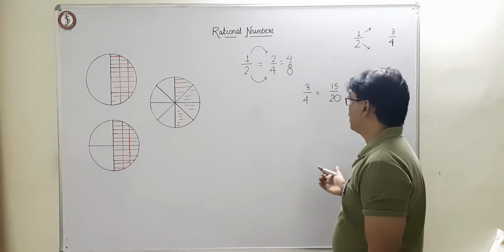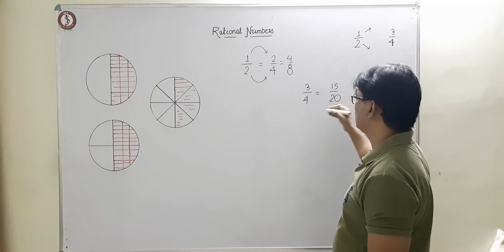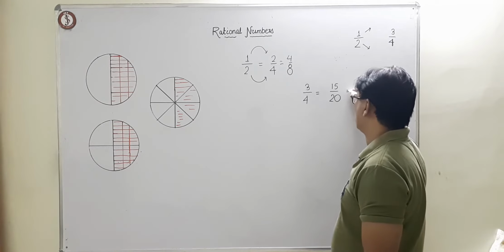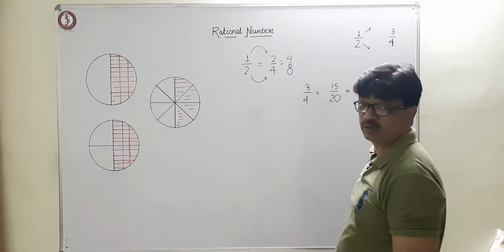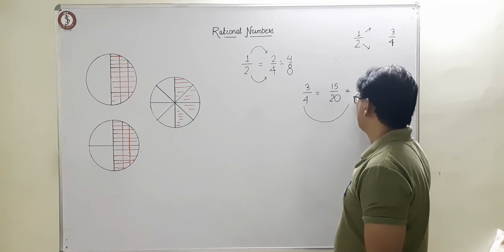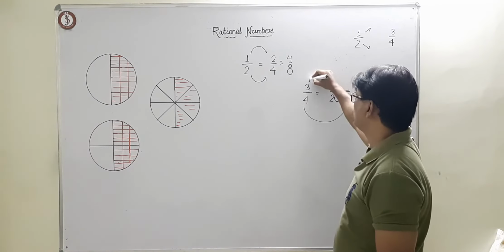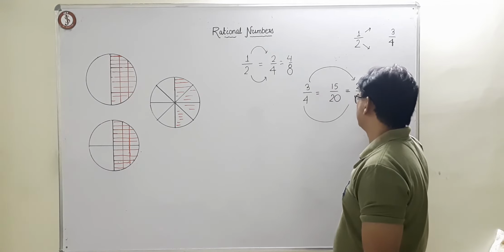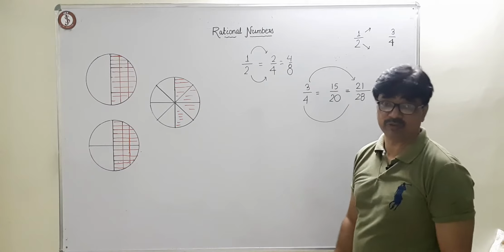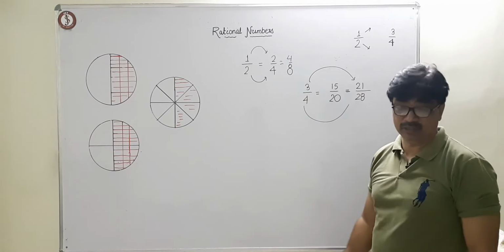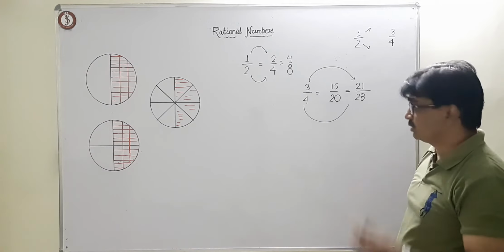Suppose they tell you to convert this into an equivalent fraction with denominator 28. So what do you multiply 4 with to get 28? You multiply it by 7. So here you have to again multiply by 7. 3 7s are 21. So this is also 3 by 4. And if there is a negative sign over here, then it will be negative over here too.